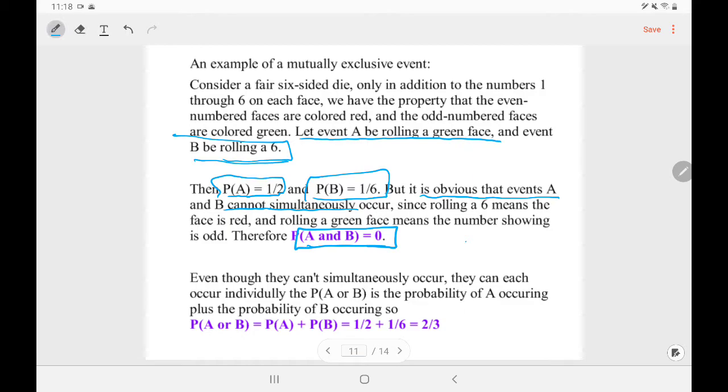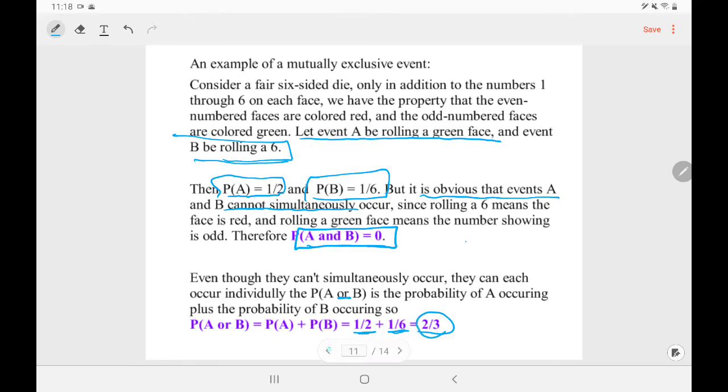Now, what if I change my word to "or" instead of "and"? Well, then it doesn't matter if the events are mutually exclusive or not, because I don't need them to both happen at the same time. So what's the probability of A or B? Well, the probability of A is 1/2, the probability of B is 1/6, and so I get 2/3.